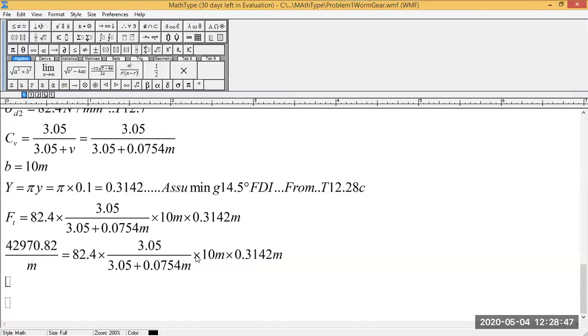It's 82.4 times 3.05 times 10 times 0.3142. So I'm putting the left hand side as it is.